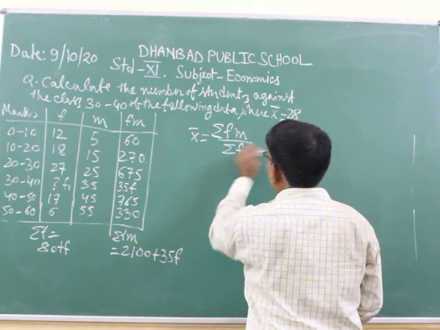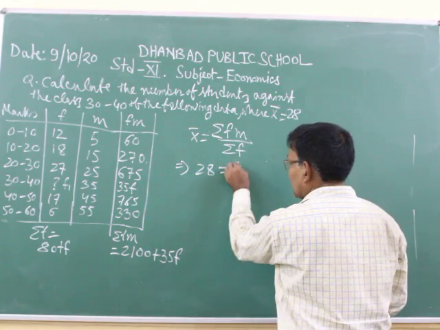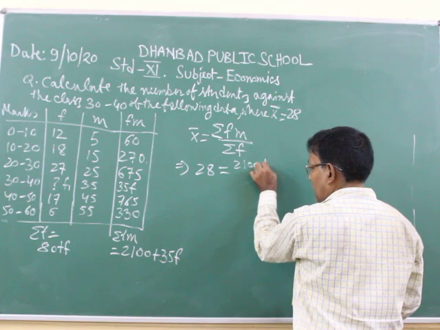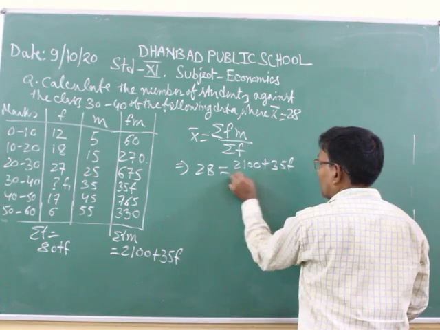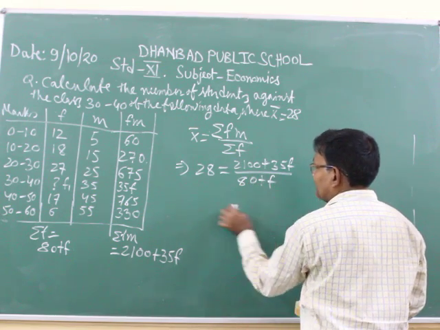What is the value of mean given? 28. Sigma fm is 2100 plus 35f upon 80 plus f.